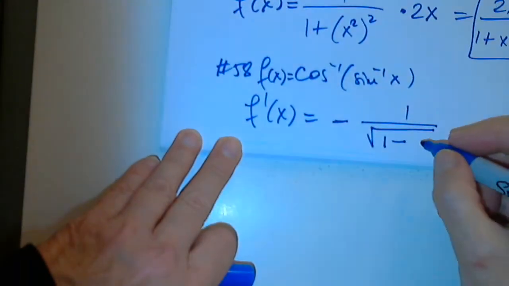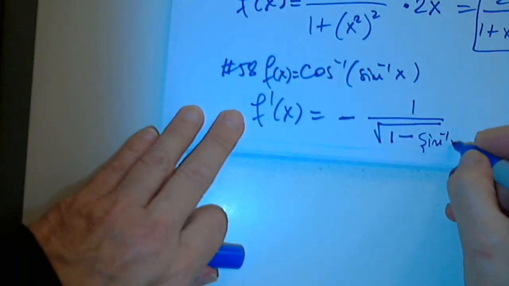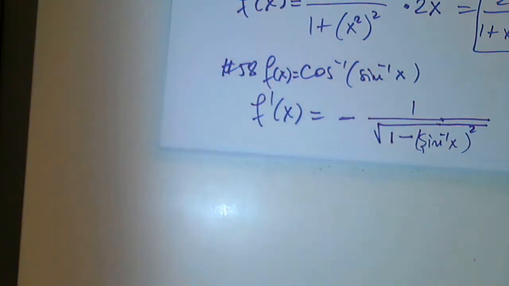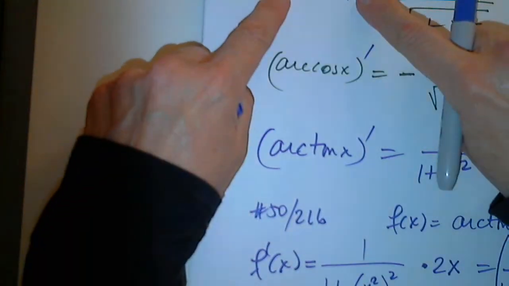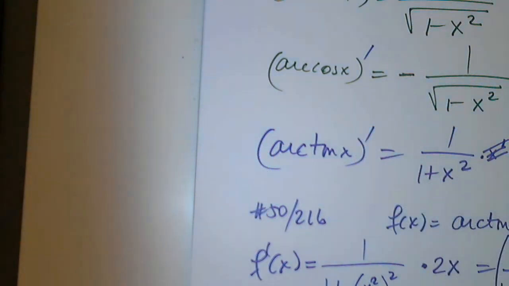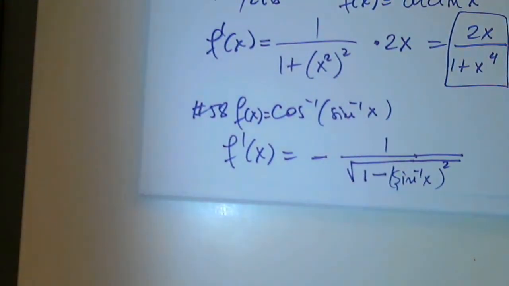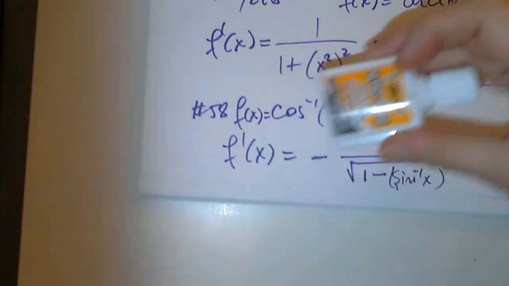Okay, so this is sine inverse squared. Careful, sine inverse squared does not mean sine raised to -2. Be very careful. That's why in most cases I prefer this notation instead of sine inverse.